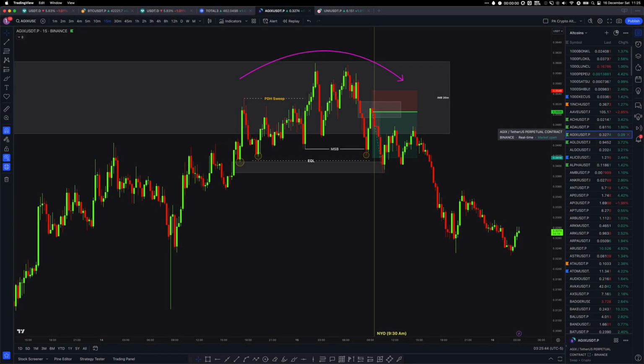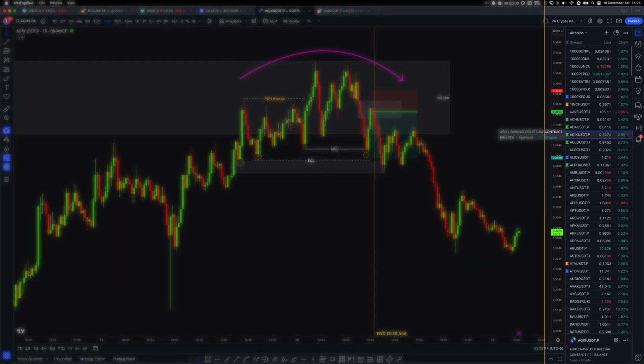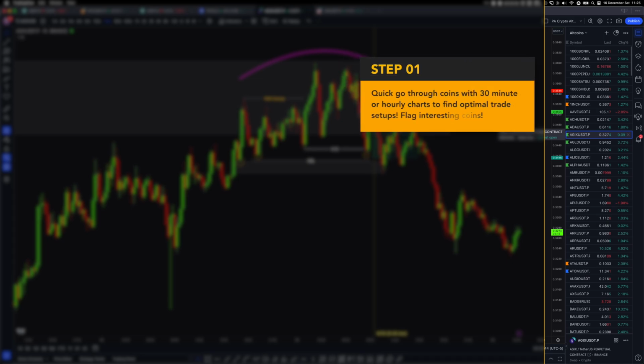Some people keep asking me how I am scanning coins. Believe me, I have no secret, no formula, or no scanning code. All I do is generally open the 30-minute or hourly charts and go through them one by one quickly for day trading. I simply put a flag on the coins that I enjoy.